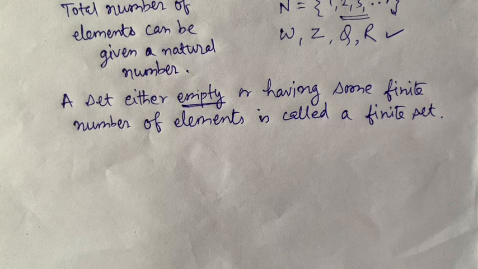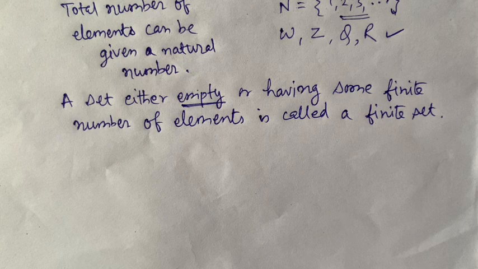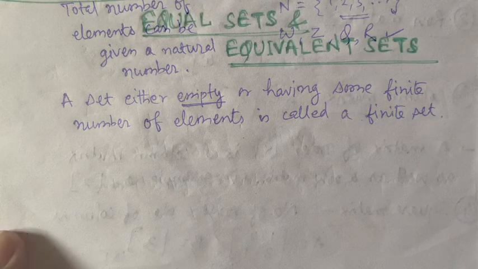And we have seen what infinite sets are, so we have both the examples with us. Mostly the number systems are considered as infinite sets. So we now know the concepts of finite sets and infinite sets.